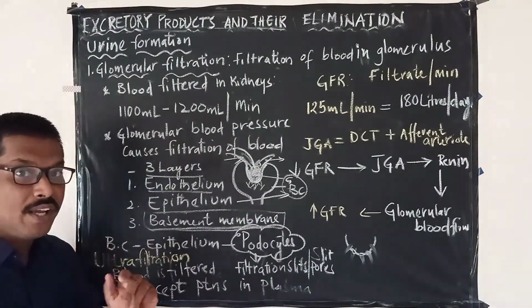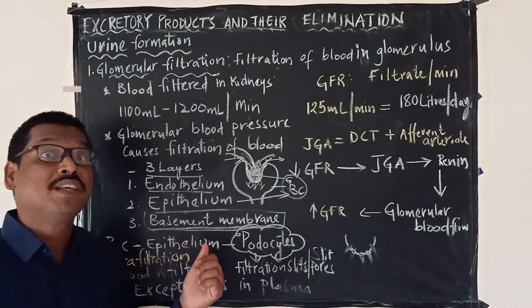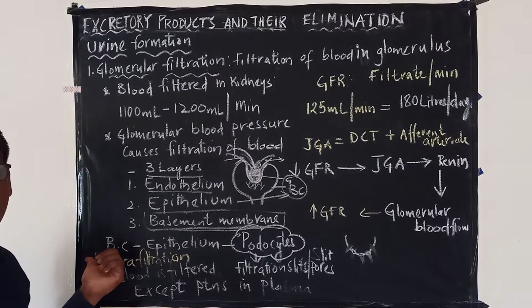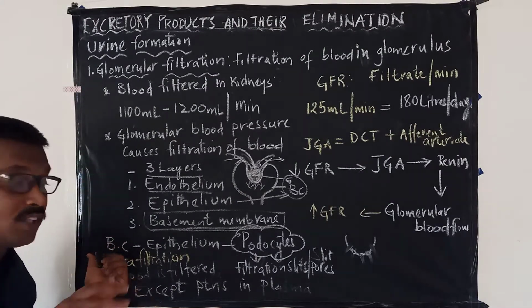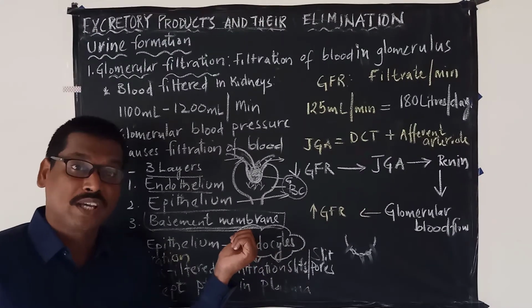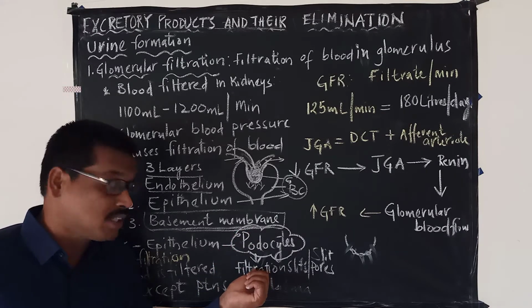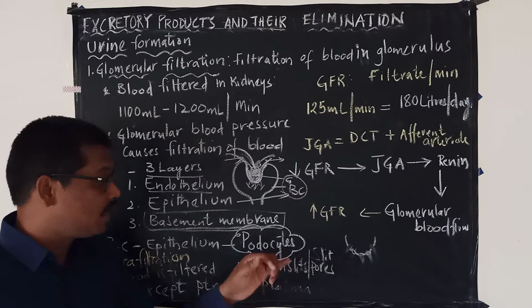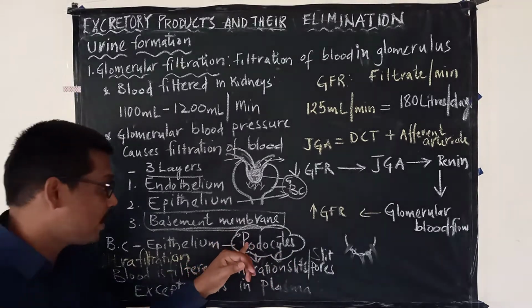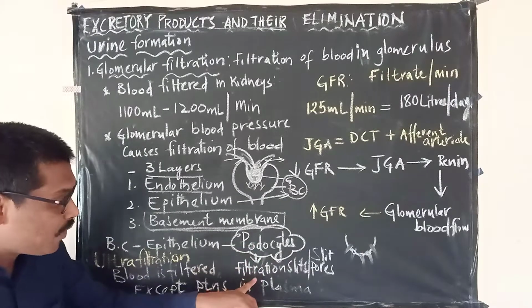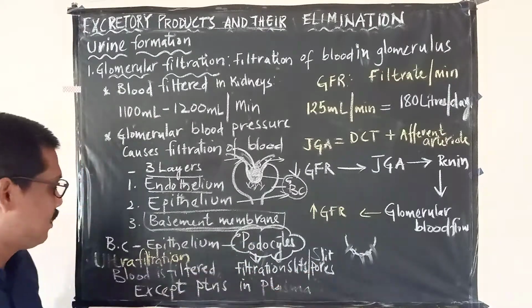So remember: name the cells present in the epithelium of the Bowman's capsule helping in filtration of blood, they are the podocytes. Or, name the type of cells present in the filtration slits or slit pores: podocytes. These form filtration slits or slit pores.